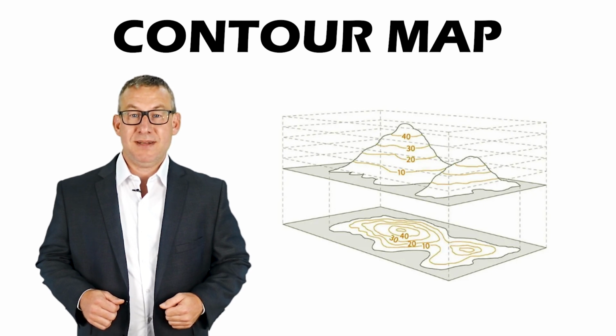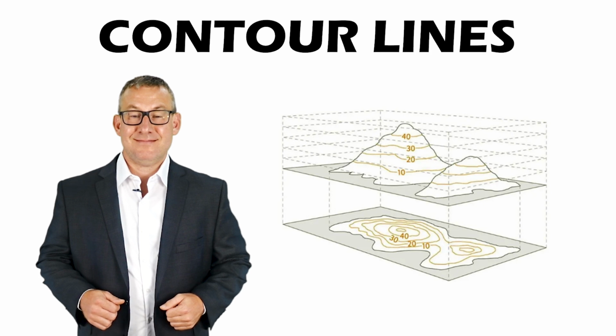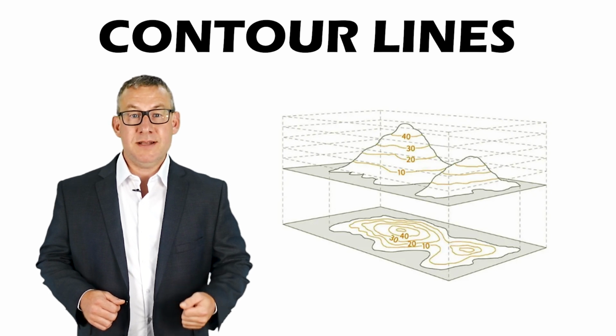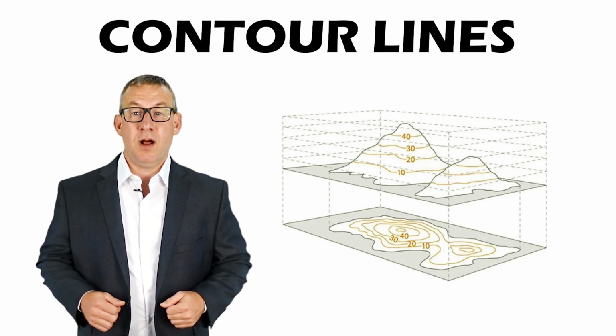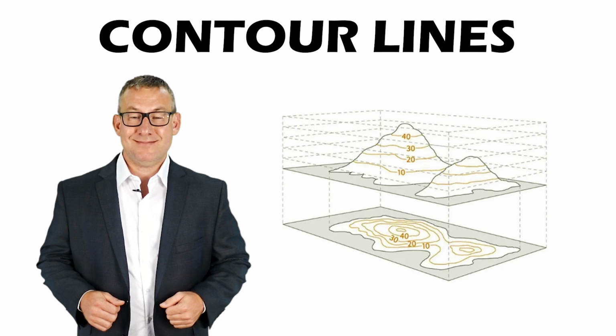A contour map. A contour map is a map with contour lines. A contour line. Contour lines are lines of equal height above or below sea level. Contour lines run perpendicular to the slope.